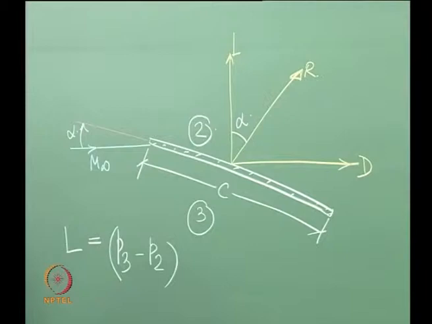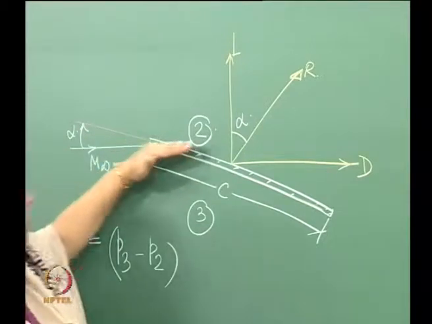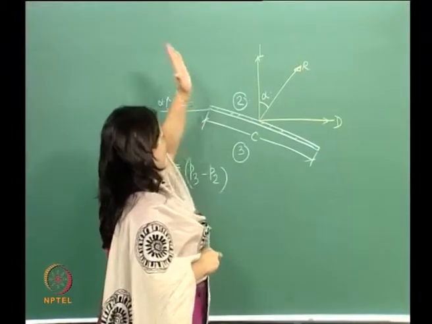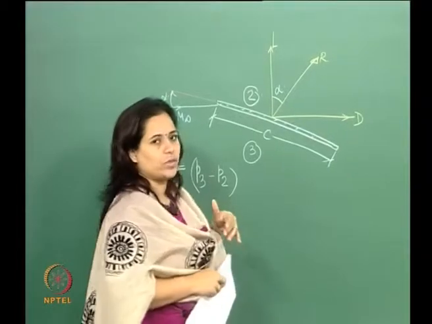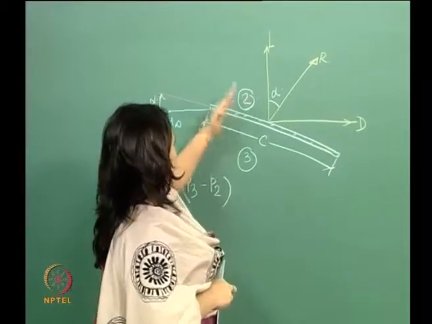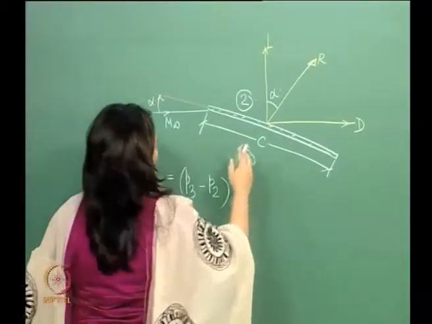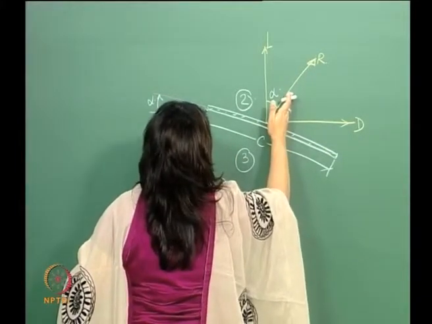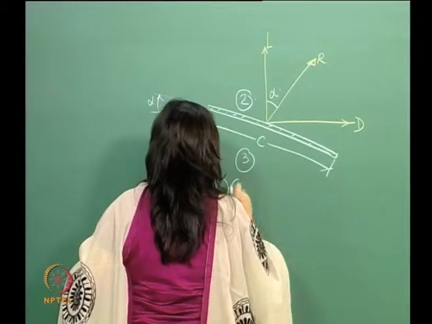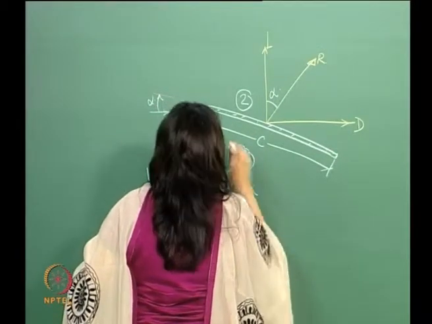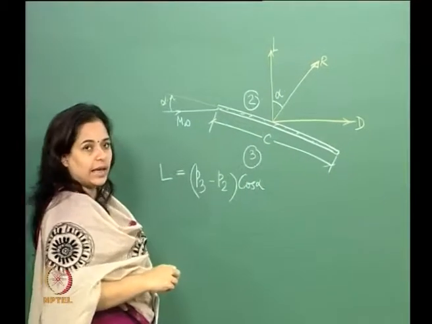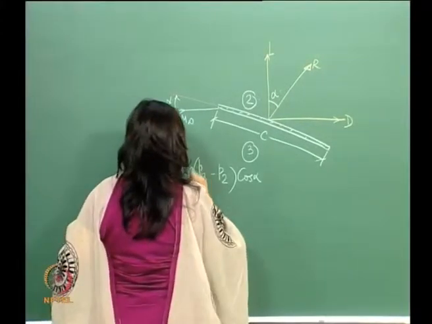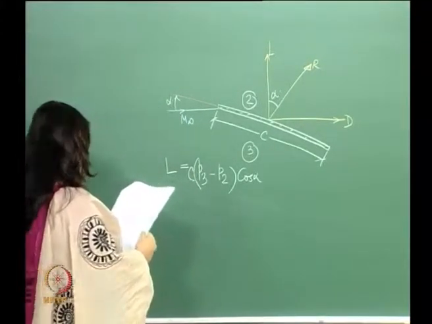So, like we said, if this was horizontal, then the entire lift would be just P 3 minus P 2, the pressure difference. Now, it is inclined. Okay. So, this becomes (P 3 minus P 2) cos alpha multiplied by the length. So, this is the total length. So, that is all there is to it.